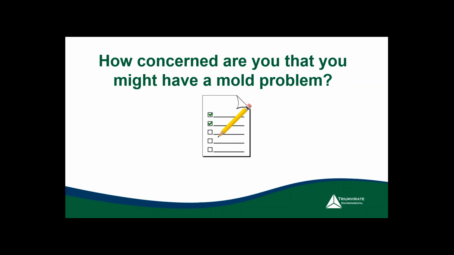Also, one other thing that I didn't mention, but that should absolutely be mentioned, is that any history of flooding in your building should also be a cause for concern. If you have a history of flooding in your building, that's going to be a dead giveaway.